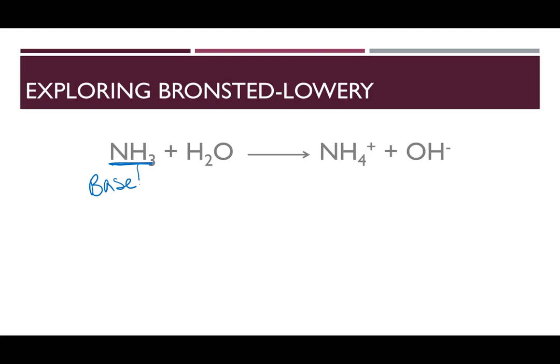I'm going to look for its conjugate pair. So here I see NH3, and over here I see NH4. So going from NH3 to NH4, what did it do? It accepted a proton, right? NH3 accepted a proton. So that's how I know that it's acting as a base. So NH3 is the base, and it's connected to its conjugate acid.